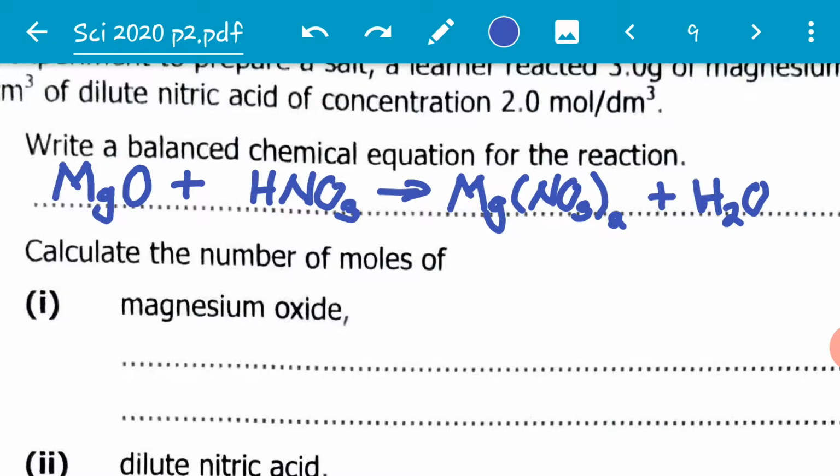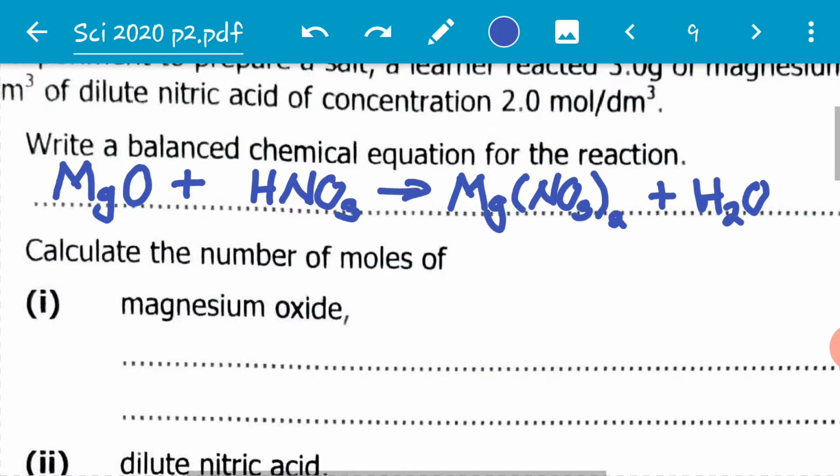Then we go to nitrogen. On the reactant side, we have one nitrogen, while on the product side, we have two nitrogens. Because we have one nitrogen on the reactant side, we need to multiply the nitric acid by 2 so that we have two nitrogens.